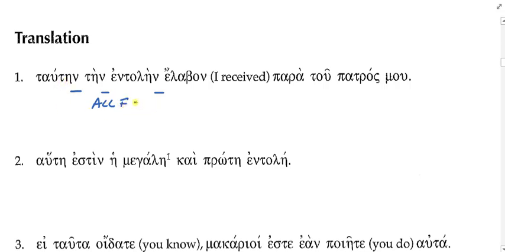And what number? Singular. Okay? All of these are that. So, do I have a demonstrative word over here? Yes, there's tautēn, right? Is it in the predicate position? Yes, it is, which is what I expect. And it agrees with this noun in case, gender, and number. So is it the pronoun or adjective use of the demonstrative?